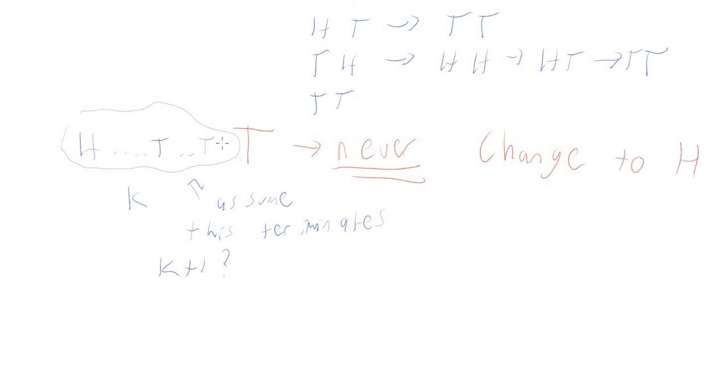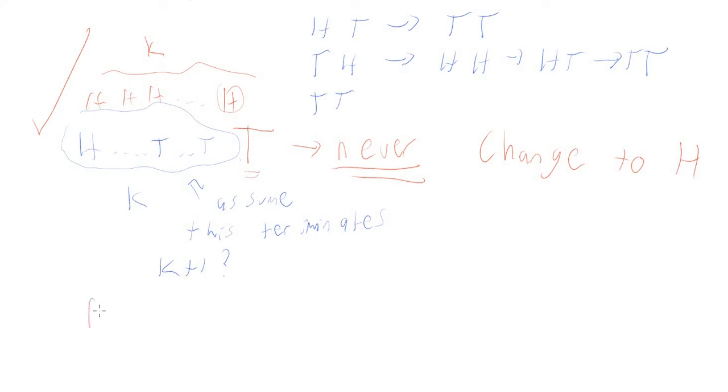Well, worst case scenario, all of these are H's. So we have k H's. Then what we flip is the one right before the T. So this T will never get flipped, even if we have all H's here. So this will never change to H. So if it ends with a T, it terminates, right? We're good.